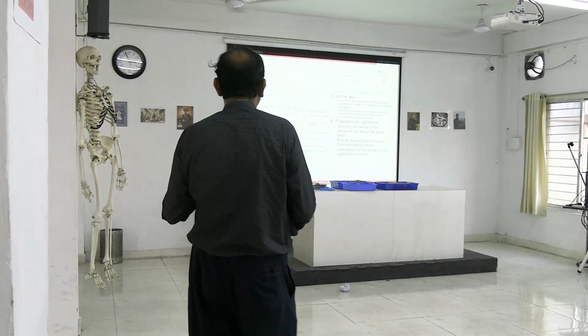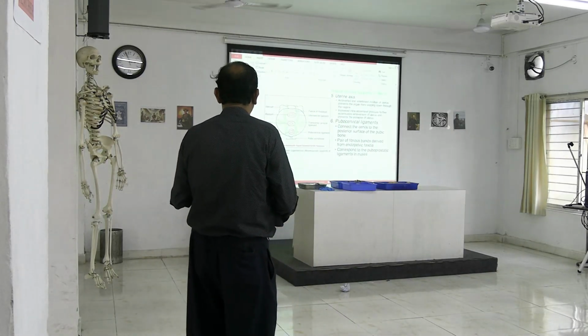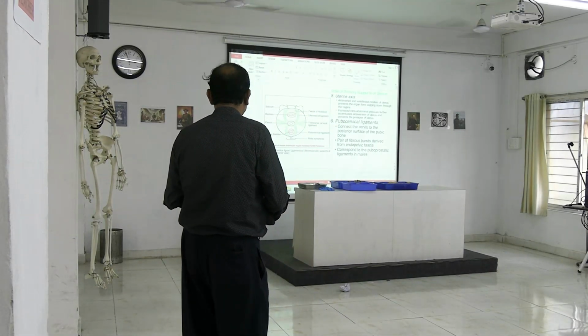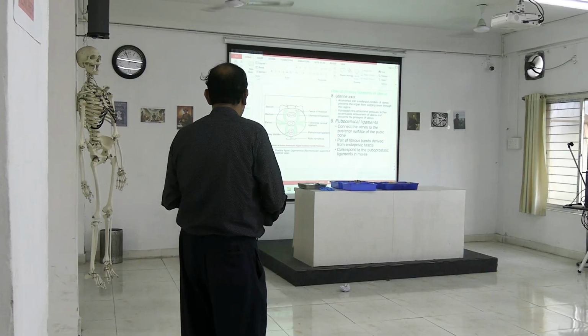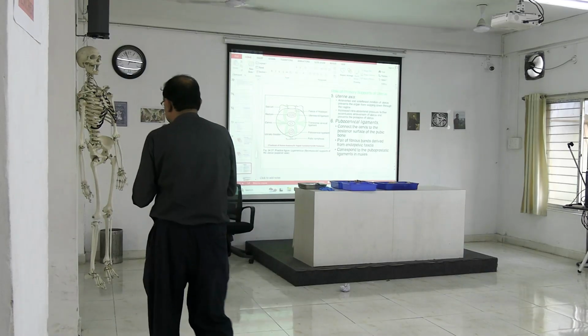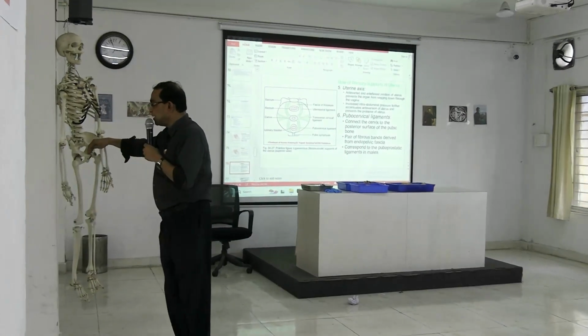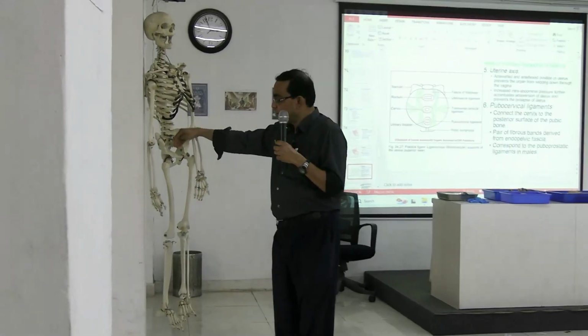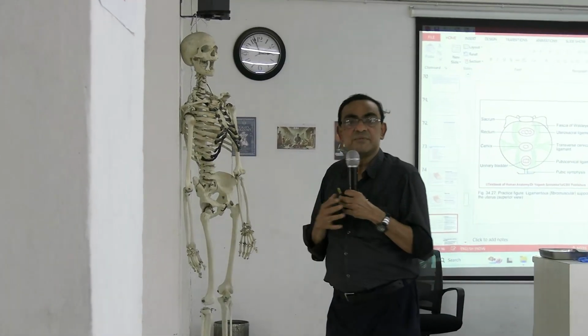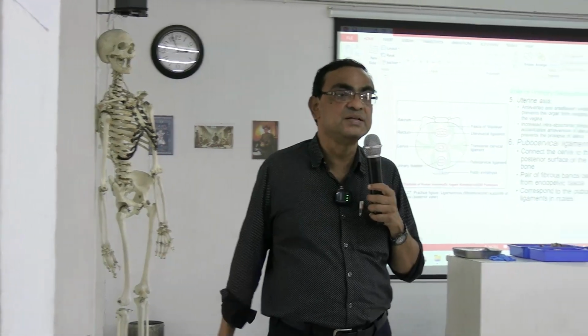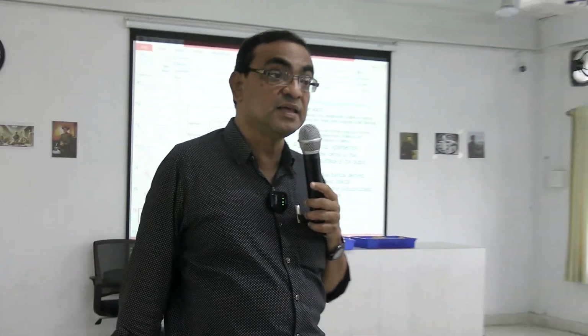These are the other supports. From behind, this is the symphysis pubis. From the symphysis pubis to the uterus, and from the uterus to the sacrum, we are getting some ligaments. They are the true ligaments. Peritoneal ligaments are the false ligaments.